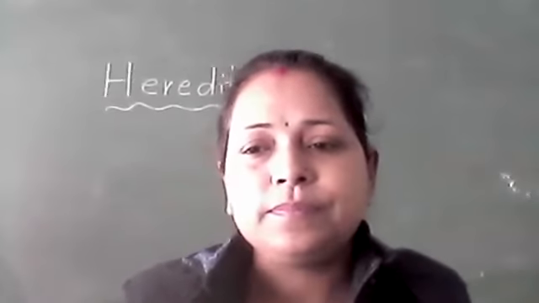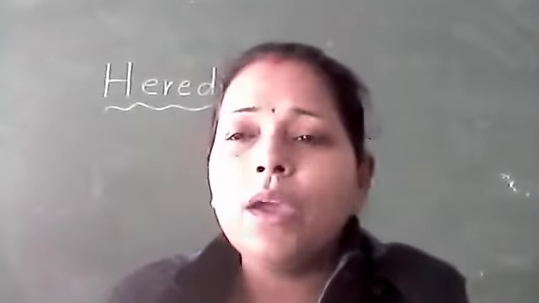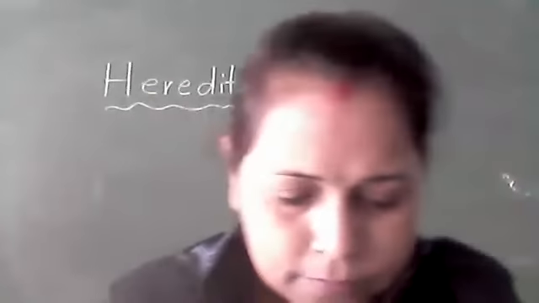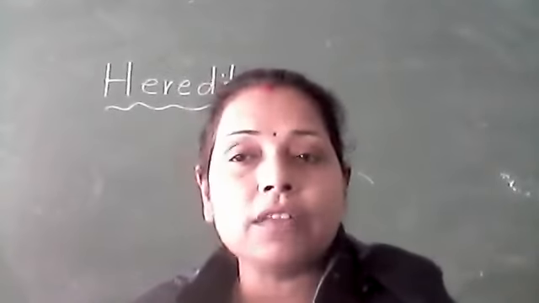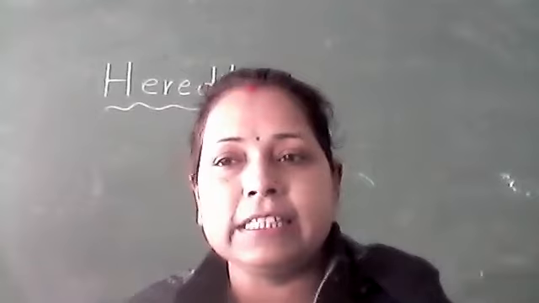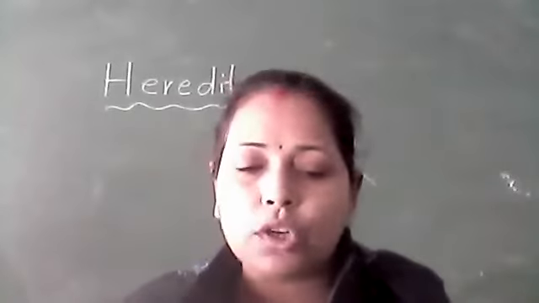So what does dominant character mean? In simple language, the character which is expressed in the first generation after crossing is called the dominant character, and the character which remains hidden is called the recessive character or recessive gene.